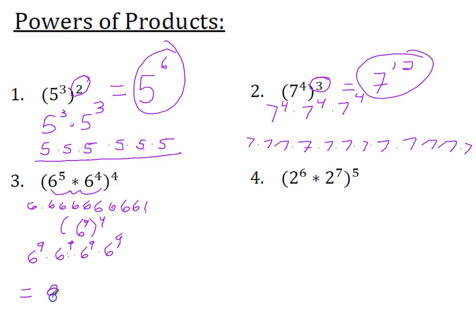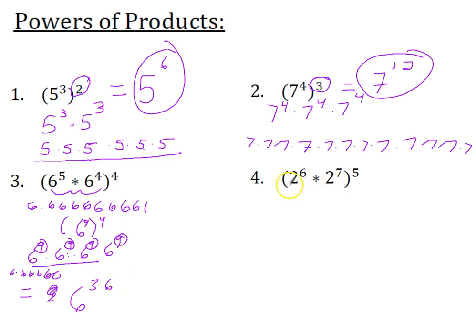For the sake of space, I'm not going to write all of those out, but think here with 6 to the 9th, I have 9 6s, and I'm going to do that 4 total times. So it really ends up being 9 plus 9 plus 9 plus 9 to give me 36.